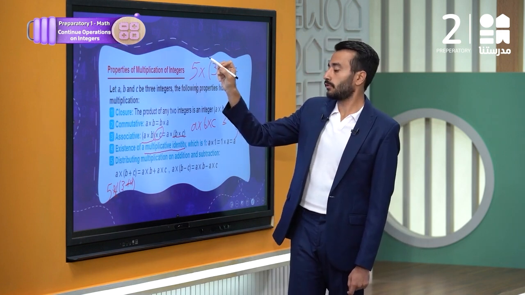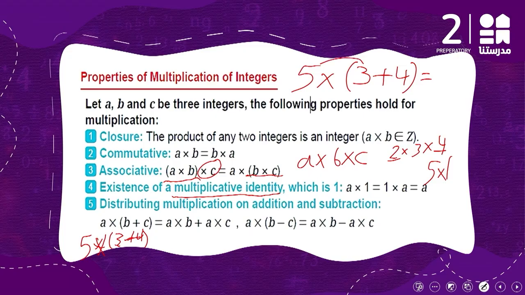It means you need to distribute this number here and here. Why? This 5 is multiplied by the brackets, and inside the brackets we have these 2 numbers. So that means 5 multiplied by these 2 numbers. So we have 5 times 3 plus 5 times 4. That is the way of solving this question.